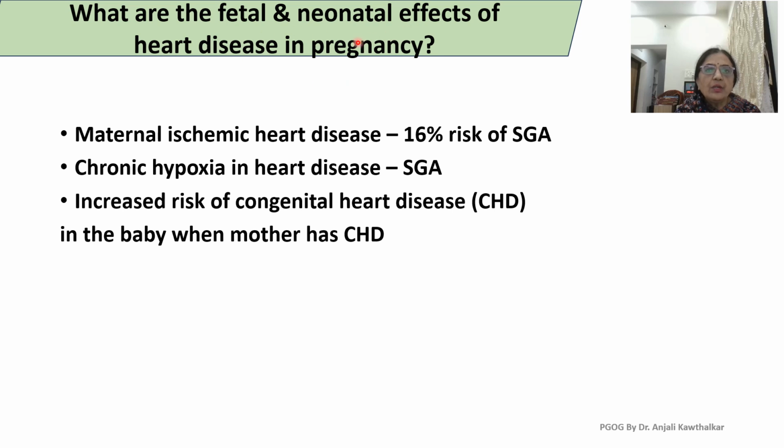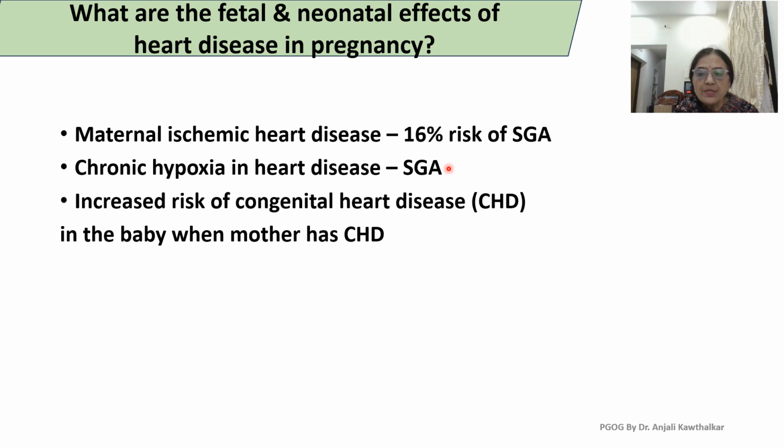What are the fetal and neonatal effects of heart disease in pregnancy? With ischemic heart disease, more and more women are getting it with the increasing age of women going for pregnancy. With that, there is a 16% risk of a small for gestational age baby. Chronic hypoxia, if the patient with heart disease is going into failure, can lead to small for gestational age babies.